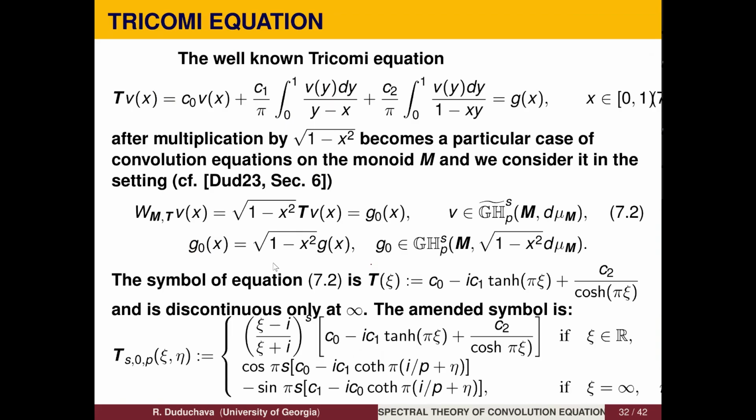The same investigation is true for the Tricomi equation. The Tricomi equation comes from partial differential equations when the type of equation changes from elliptic to hyperbolic, and then we have this boundary integral equation of Tricomi derived almost 100 years ago, and nobody could solve it exactly until Petrov.